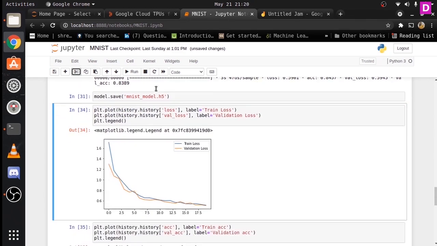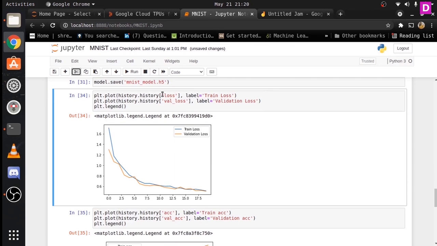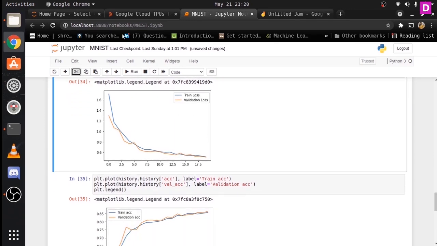Okay, so what we can do is plot the loss and validation loss. Why do we do this? If you remember, this is usually done to check whether our model is underperforming or overperforming, that means whether it is overfitting or underfitting.